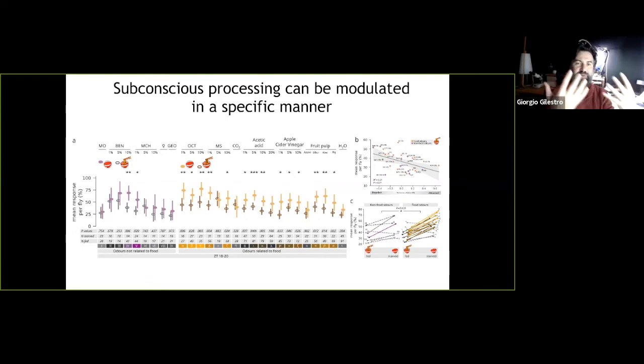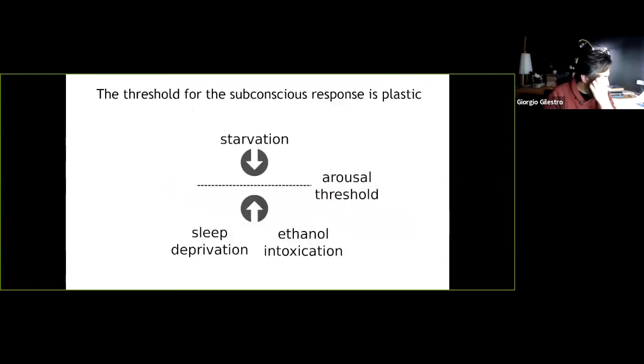So again, that tells you that there is a specific qualitative engine in the brain that in this case is reasonably triggered by food-related odors, and reasonably because the flies have been starved preemptively. So we can start putting together the pieces of the puzzle and start looking at the ways by which sleep and subconscious processing of information can be modulated by odors.